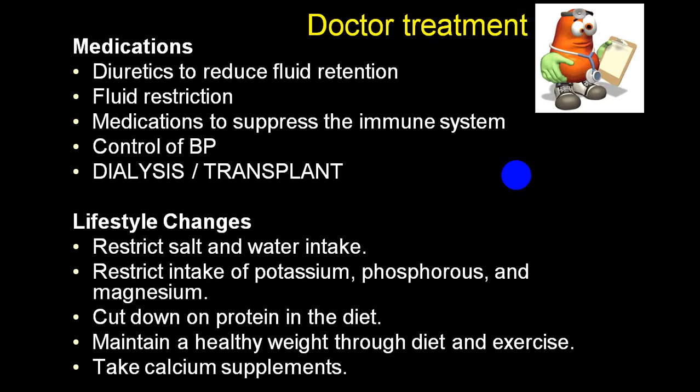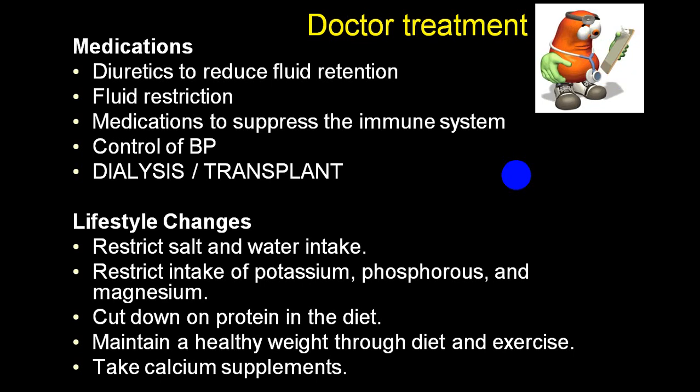Immunosuppressive therapy is very useful to control the basic disorder. If diuretics do not control the blood pressure, you might have to add other antihypertensive drugs. If the person develops a severe complication like severe hyperkalemia, severe hyponatremia or hypernatremia, uremia, or uremic encephalopathy, then the person might have to go for dialysis.